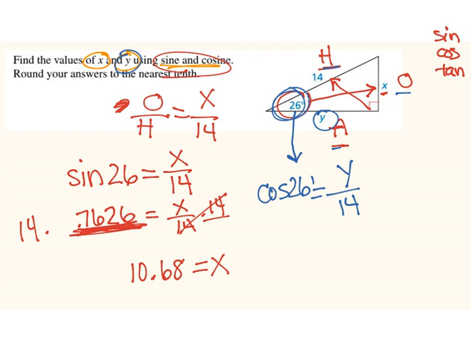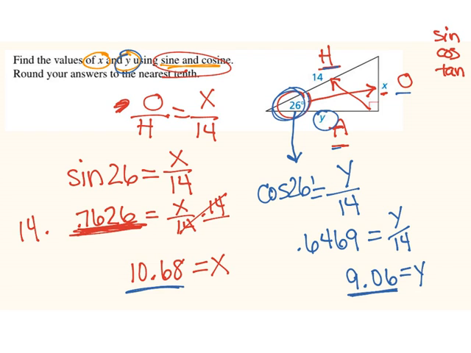The cosine of 26 is 0.6469. And I'm going to multiply that by 14, and I'm going to get 9.06 equals y. Now, these are side lengths. So x is that side length right there, and y is this side length.